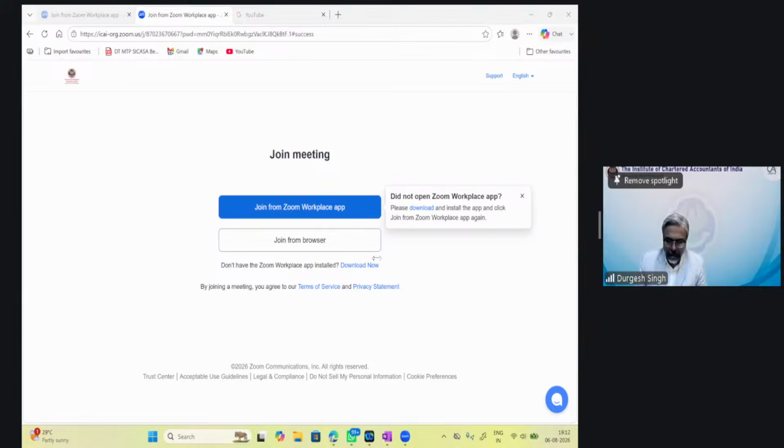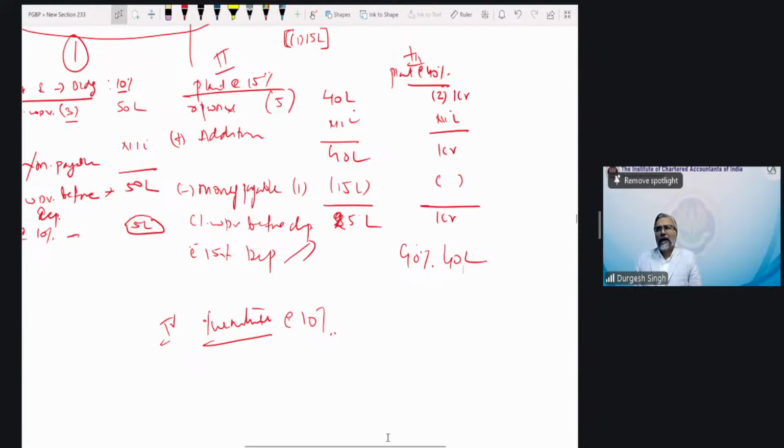Therefore, the block shall be prepared for the SSC, and not for the business or the source. Not for the business or the source. Full stop. Next line.